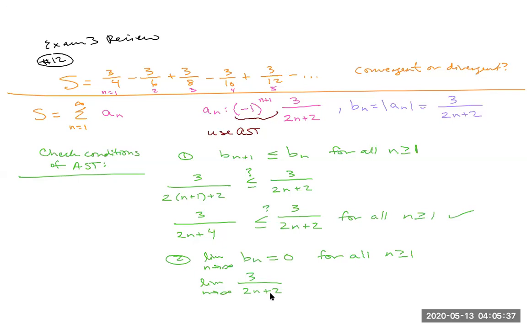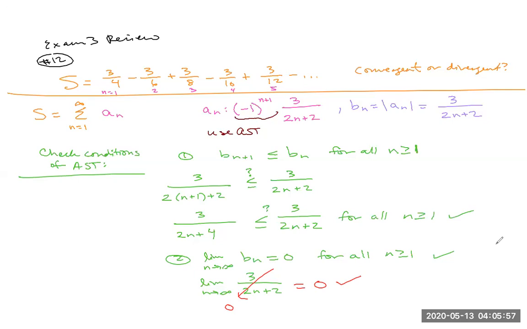This denominator will go toward infinity, so the entire thing approaches 0. So the conditions check out to use AST.